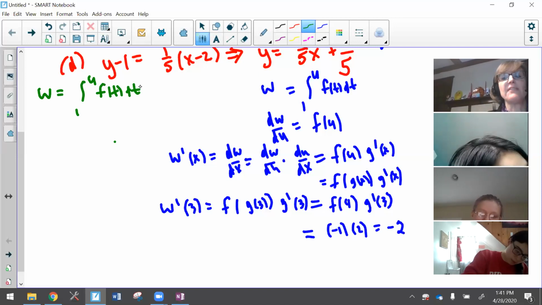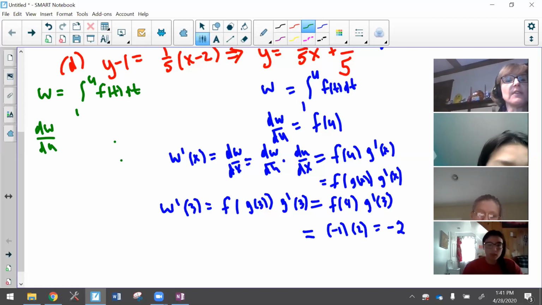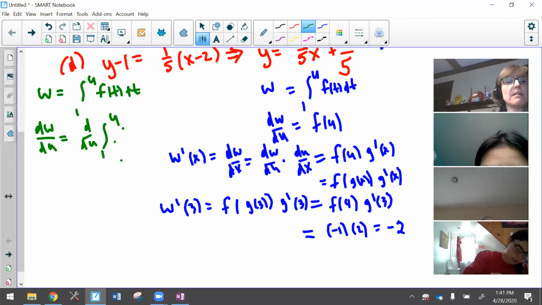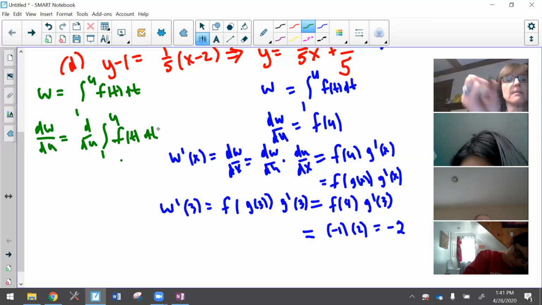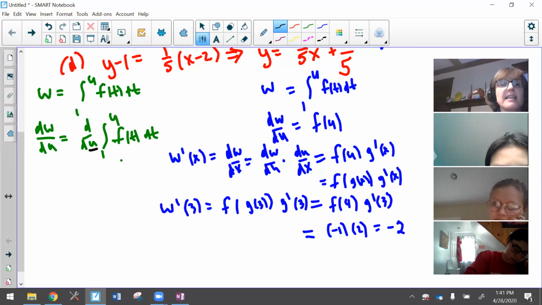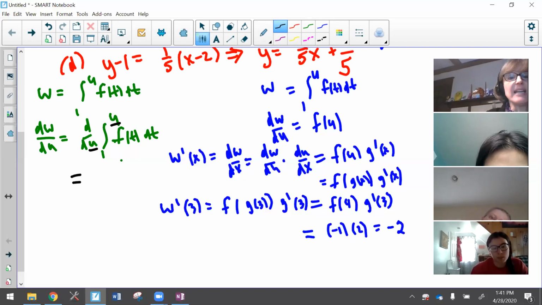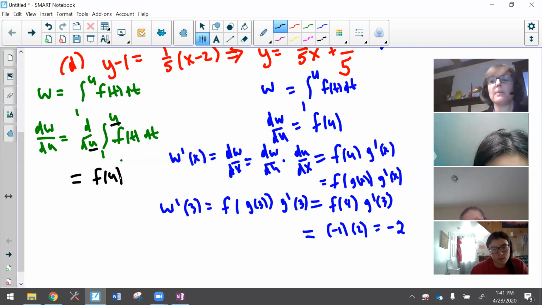By definition, the fundamental theorem of calculus says if I take the derivative of both sides of this, as long as the variable that I'm taking the derivative with respect to is the same as whatever I have up here, and the lower limit of my integral is a constant, the definition says that this is f of u.